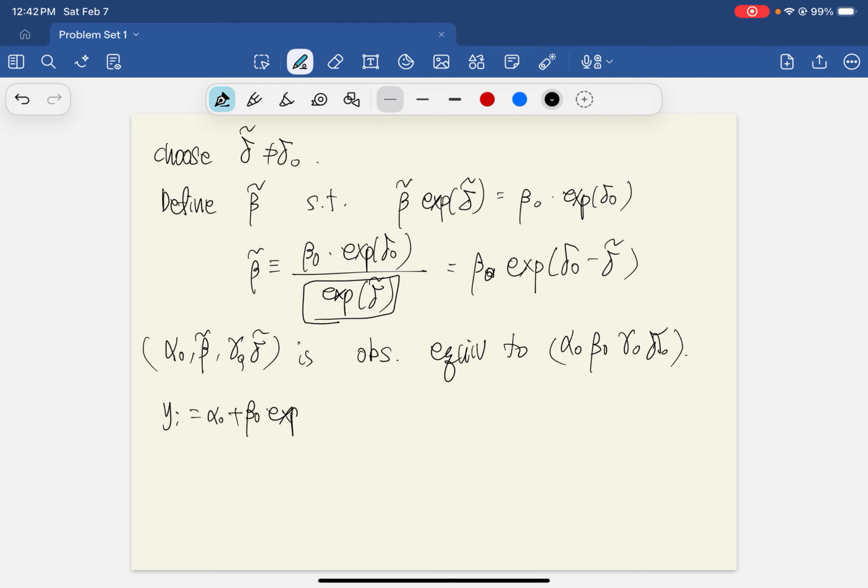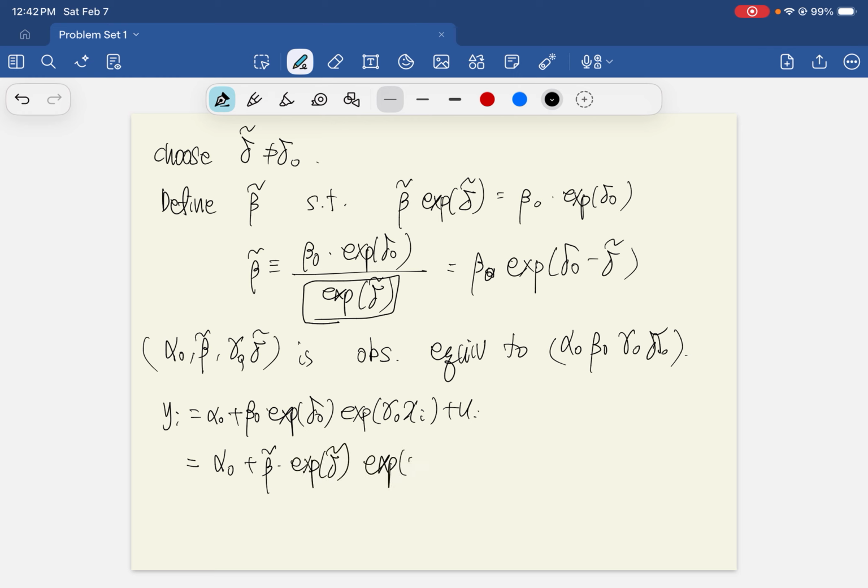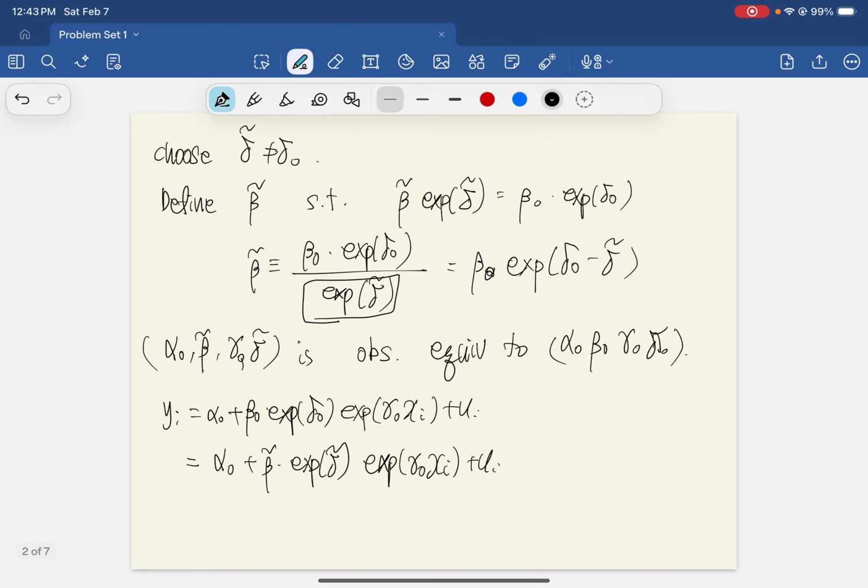I will write it this way. And then by construction, by definition, you may write it as this. So there are 2 different values in the parameters beta and delta. So they are observationally equivalent. The equality holds like this.